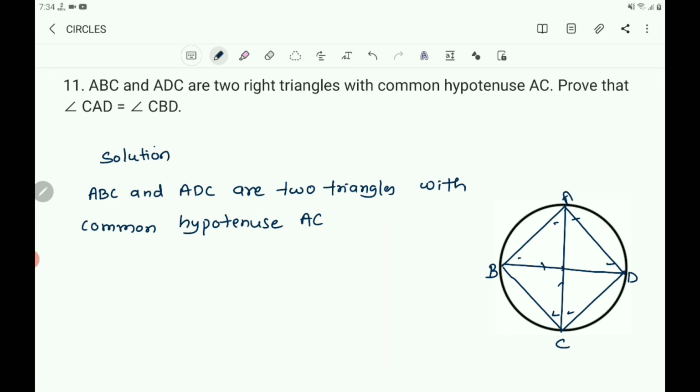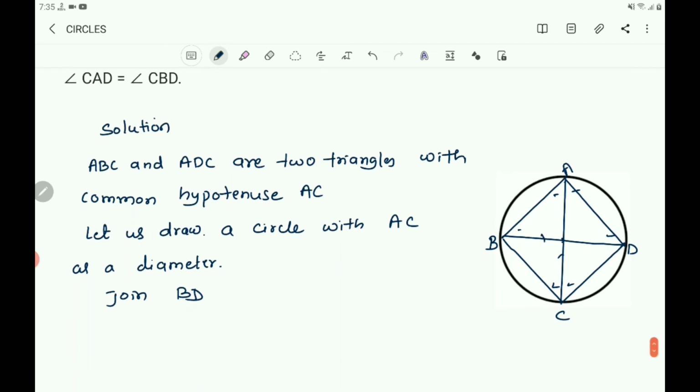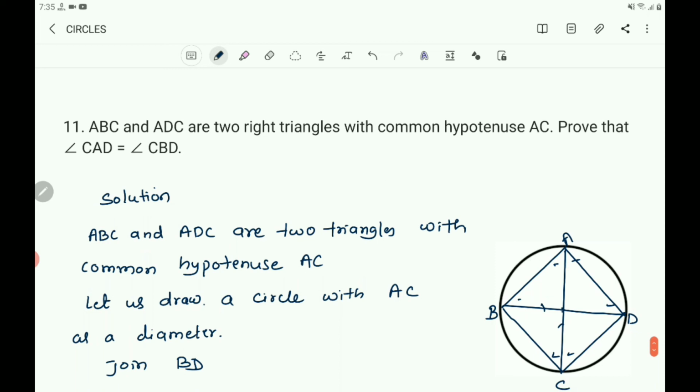Let us draw a circle with AC as a diameter, and join BD. Here what you have to prove? We have to prove that angle CAD equals angle CBD.